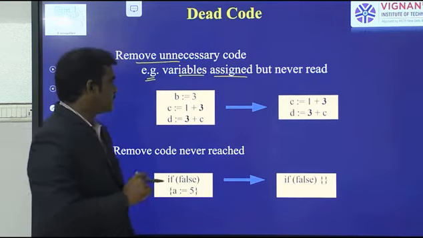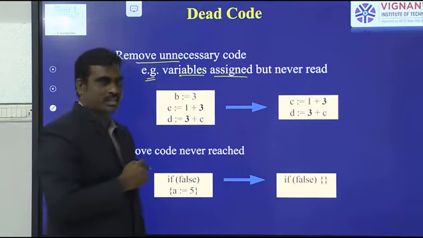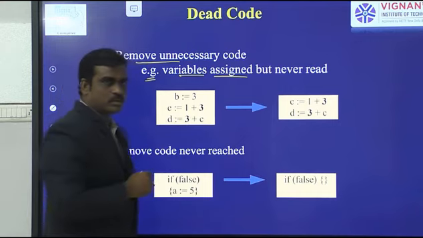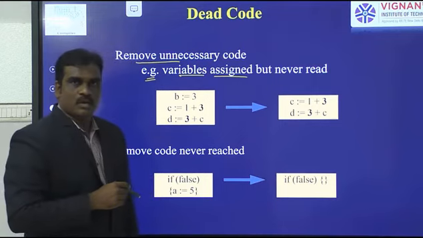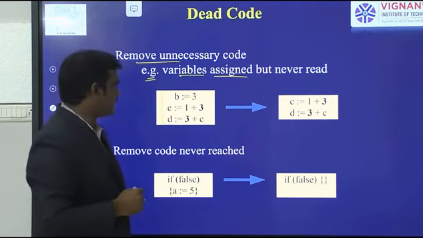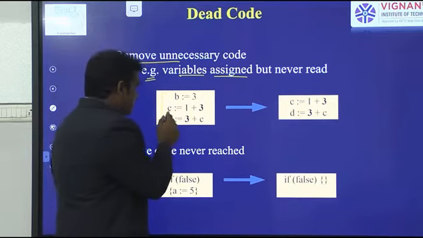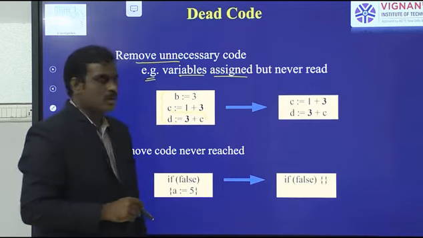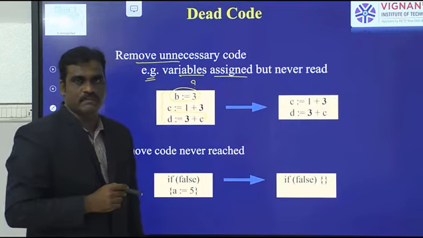Suppose in this case the input is b equal to 3, c equal to 1 plus 3, and d equal to 3 plus c. If you observe these three statements, 1 plus 3 is assigned to c, and then c is used here: 3 plus c is d. What about the statement b equal to 3?